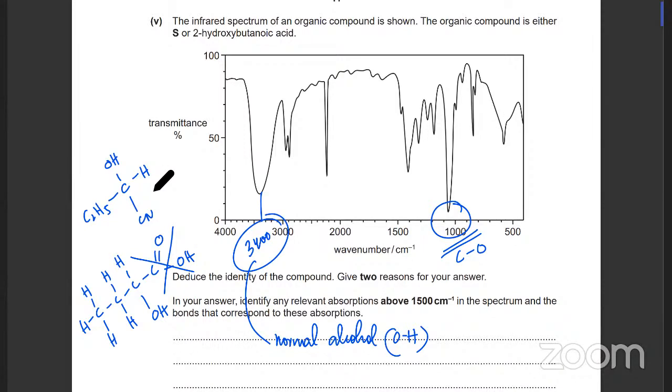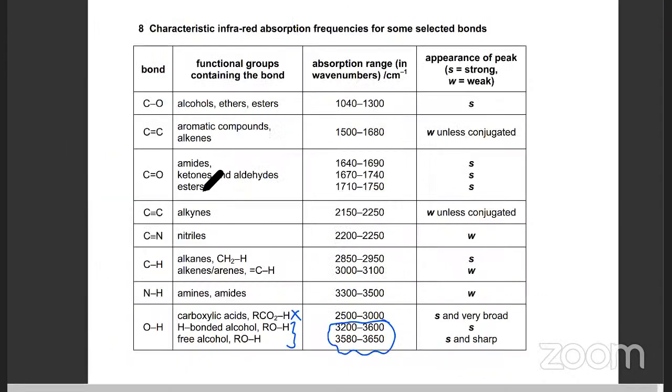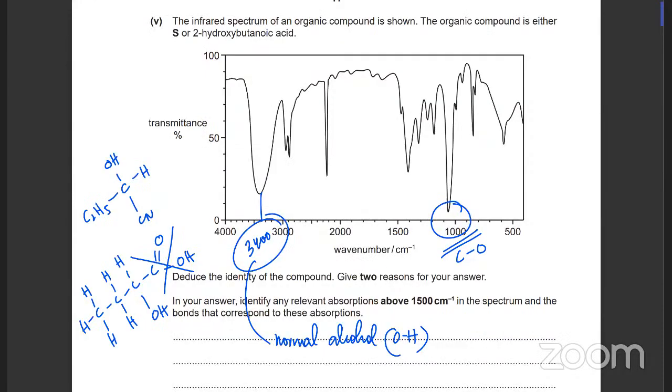And they're asking you for the relevant absorption. So there's another one over here. It's got a CN over here as well. So I'm going to check where CN is. CN is in the 2200 range. It's a weak absorption around 2200. So if we go back, I've got a weak absorption. That must be CN. Okay, that must be CN.